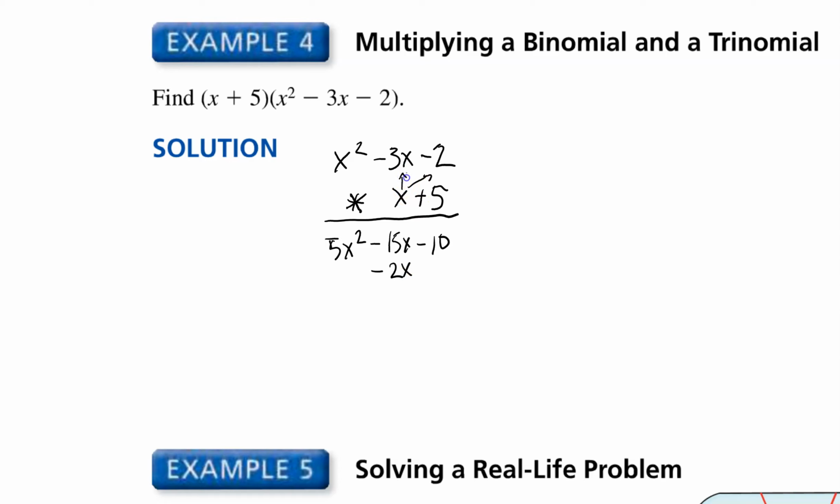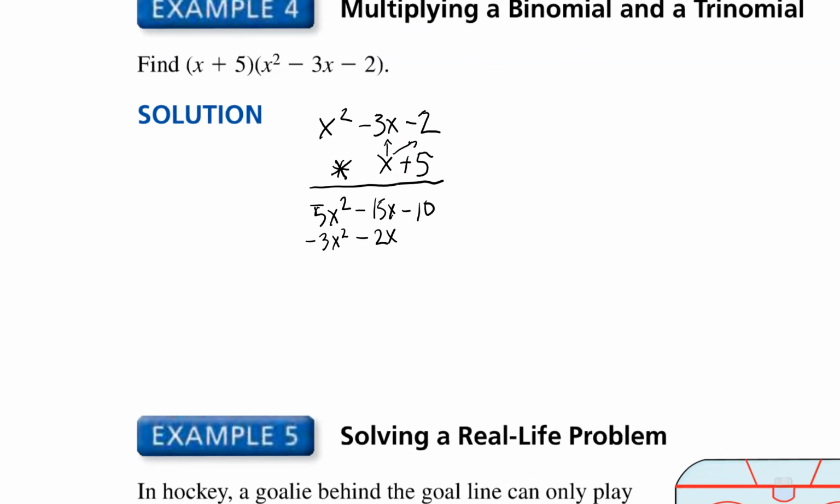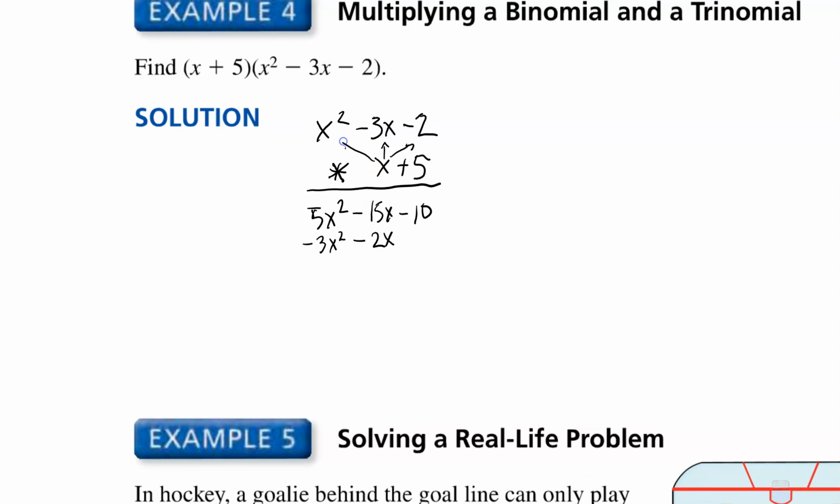X times negative 3x is negative 3x squared, because x times x is x squared. And then x times x squared would be x cubed. And then all of these are lined up with their like terms. Negative 10 does not have one, so we just bring it down as negative 10.